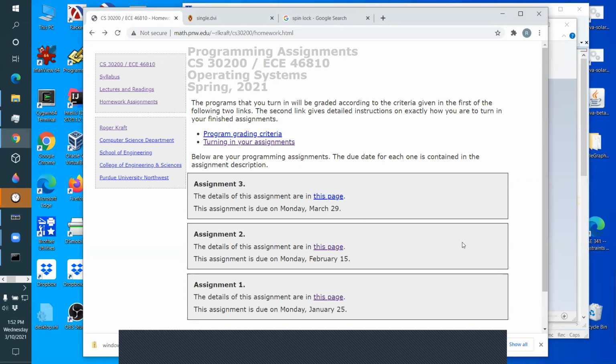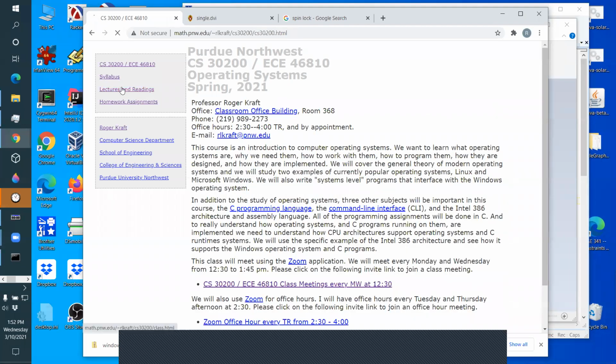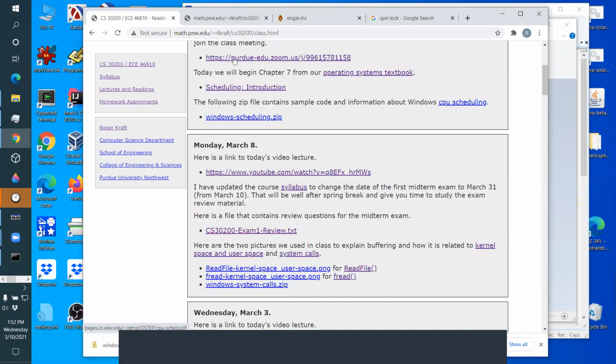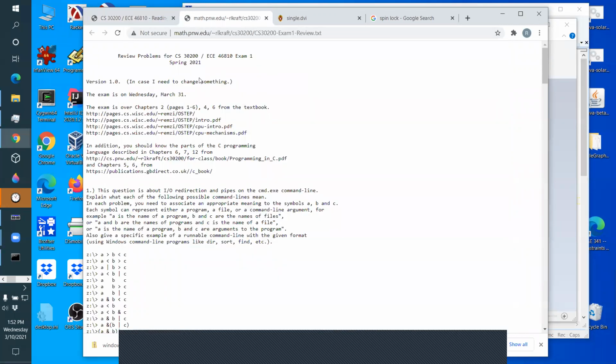Okay. Other questions? Our exam is March 31st, right? Yeah. And if you have questions about those exam problems over spring break, the exam is going to be on March 31st, like it says here.